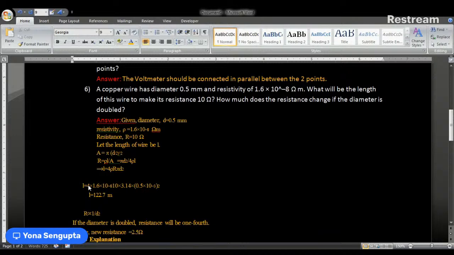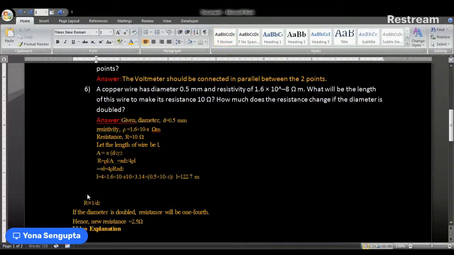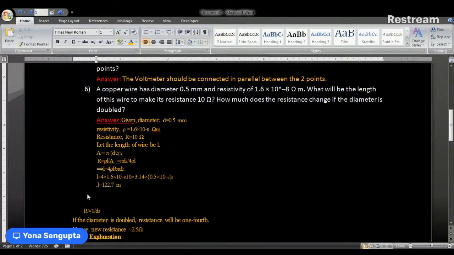After calculating it, as you can see here, we get L equals to 122.7 meter. Okay, so this is the answer.